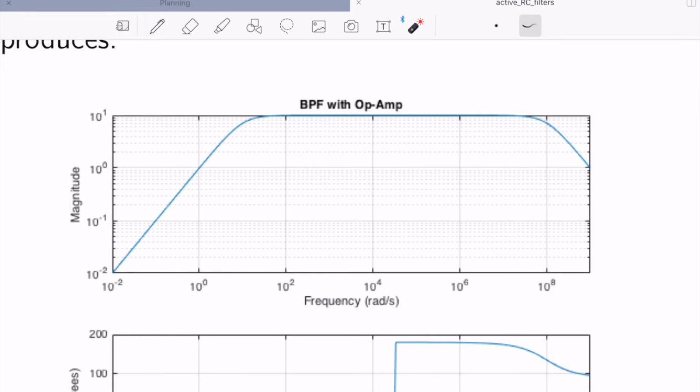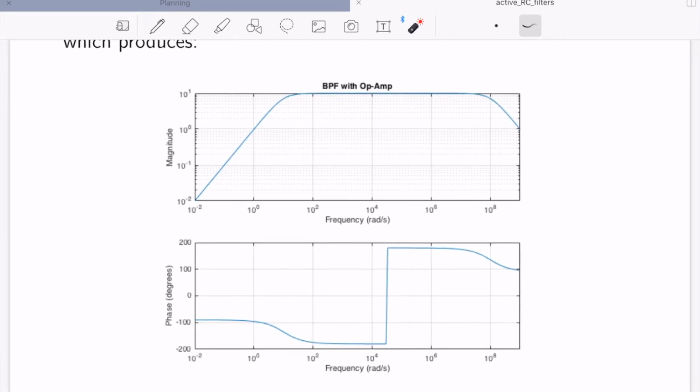So if I blow this up, just to give you a little more experience, we could calculate it, but it looks like the gain is 10, which I think is what it should have been. The frequency response is in the pass band.